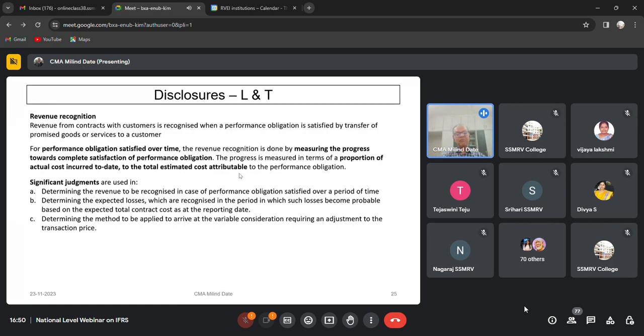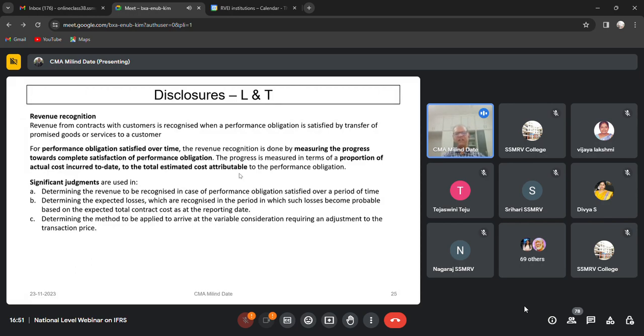And judgment is also required to arrive at the variable consideration amount. Because one of the examples of this variable consideration is, let's say, you tell your customer that if you buy 2 lakh pieces, I will give you 2% additional discount.